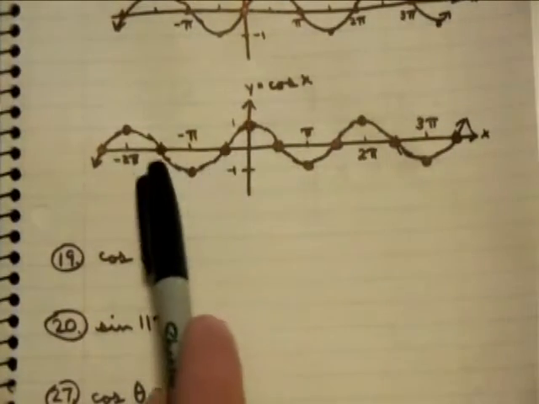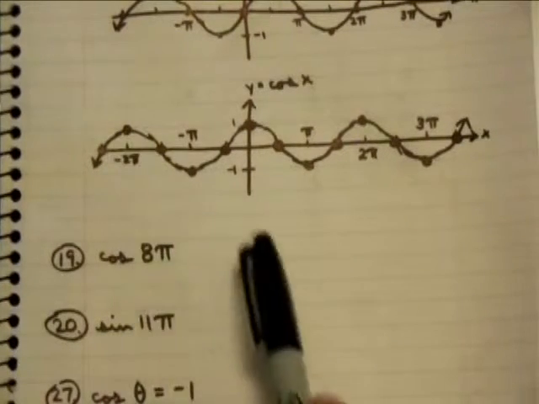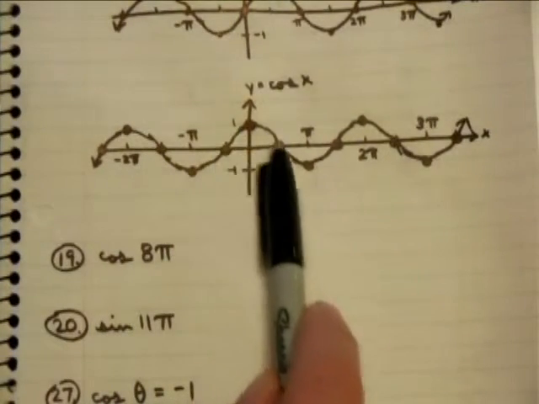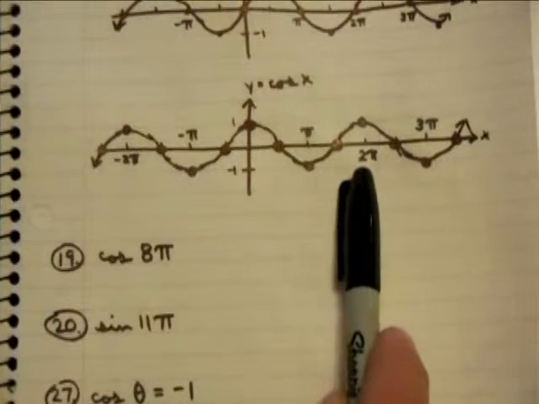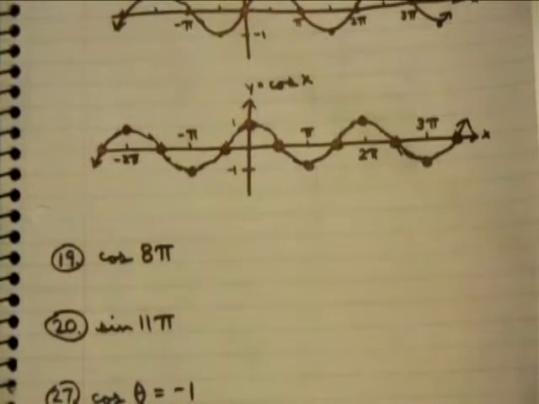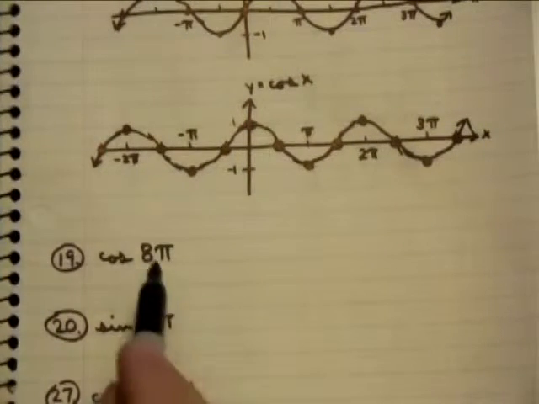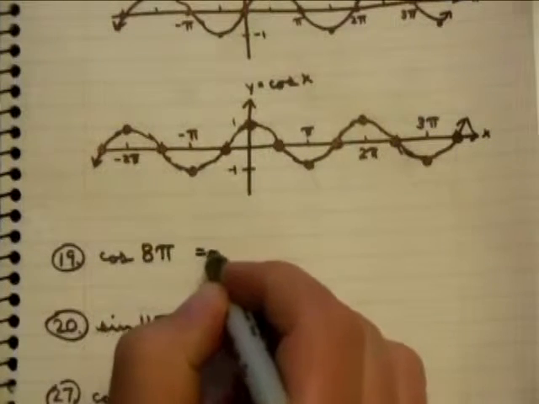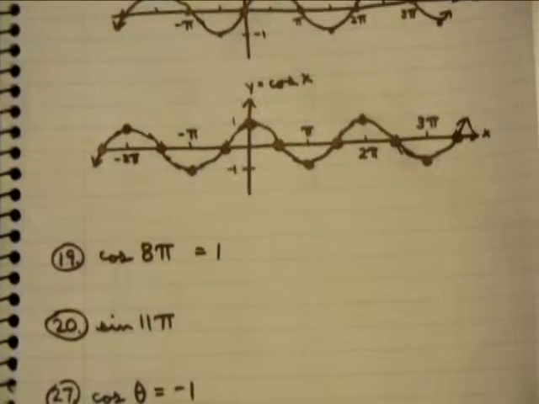Or if we were to go backwards, at negative 2 pi it is equal to 1. So every time we get to a multiple of 2 pi, the cosine value is equal to 1. So it should be equal to 1 when we evaluate cosine of 8 pi as well.